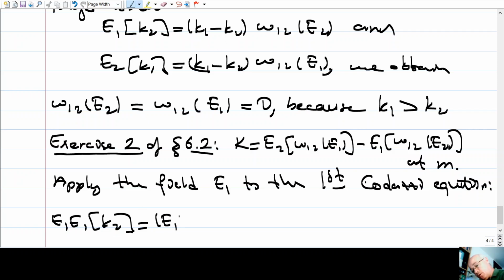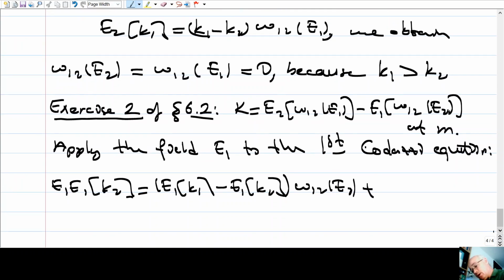So E1 of K1 minus E1 of K2, and then omega 1 2 of E2 plus, applying the Leibniz rule, K1 minus K2, and then E1 of this.